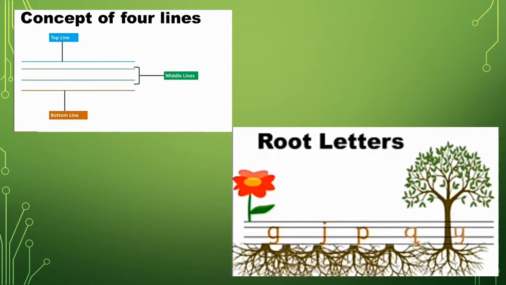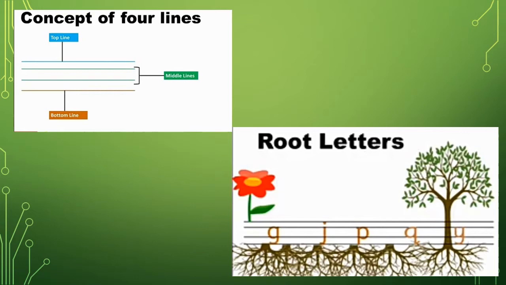First of all, you can see in the above picture there is a concept of 4 lines. When we open our English copy, we see that it is a 4-line English copy. The first line is the top line. The two middle lines are called middle lines.